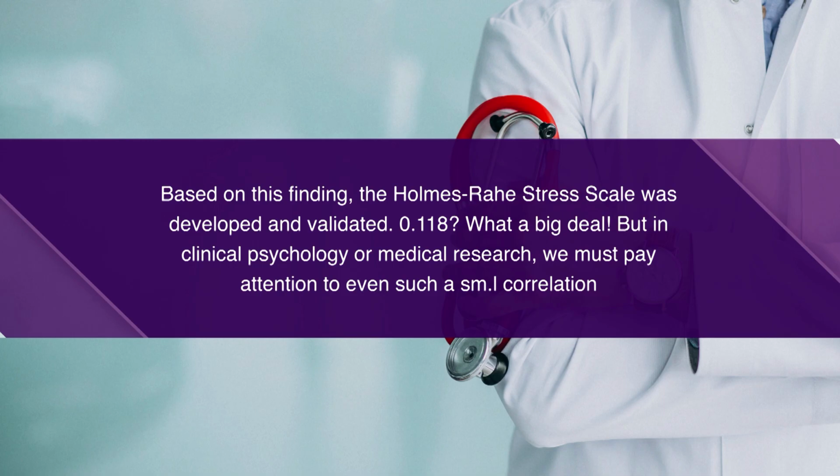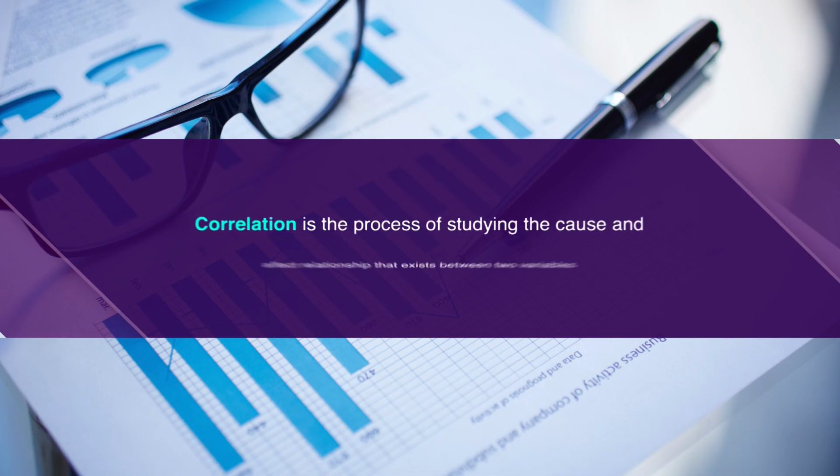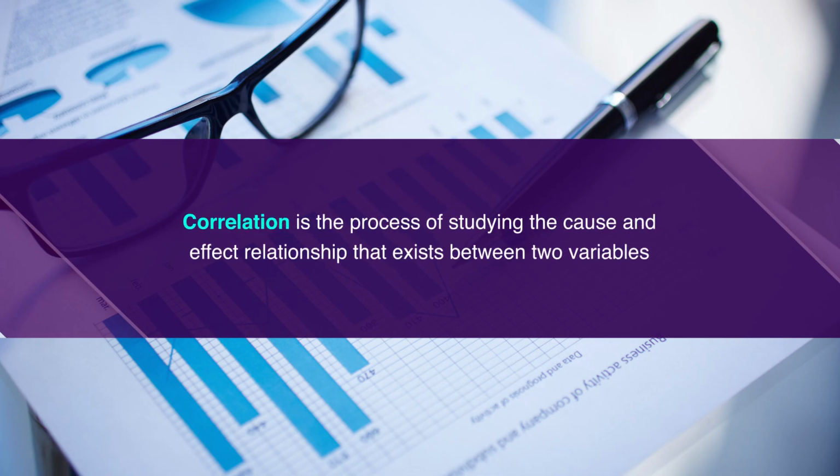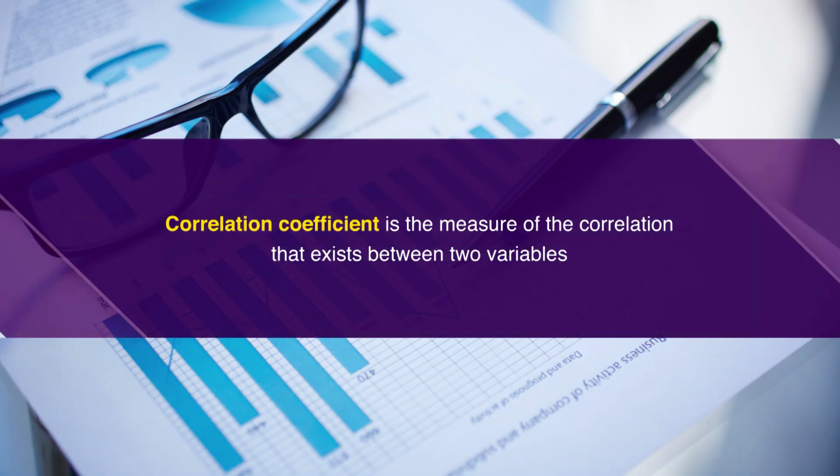So what I mean to say is that the difference between correlation and correlation coefficient is very important. Correlation is the process of studying the cause and effect relationship that exists between two variables. Correlation coefficient is the measure of the correlation that exists between two variables.